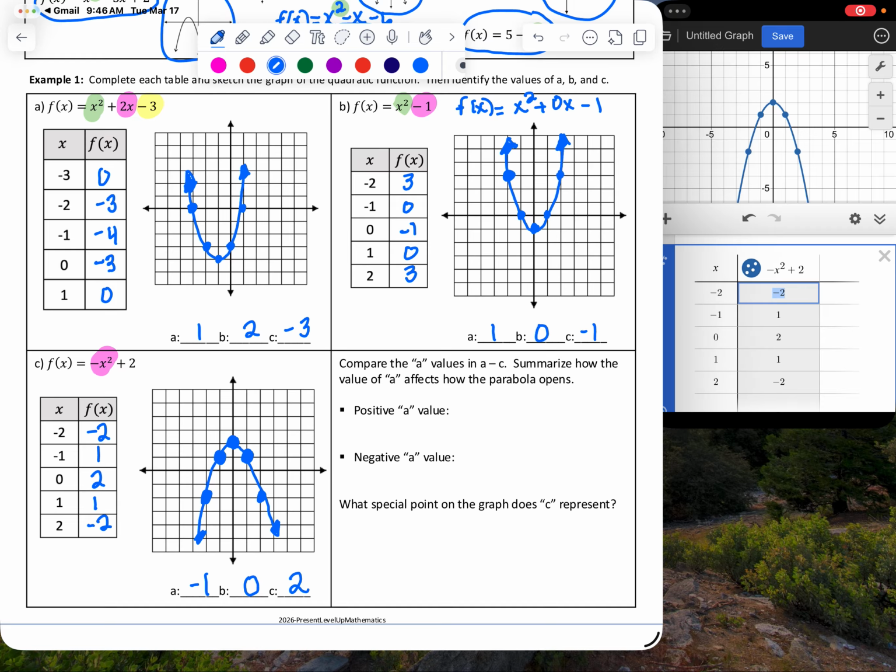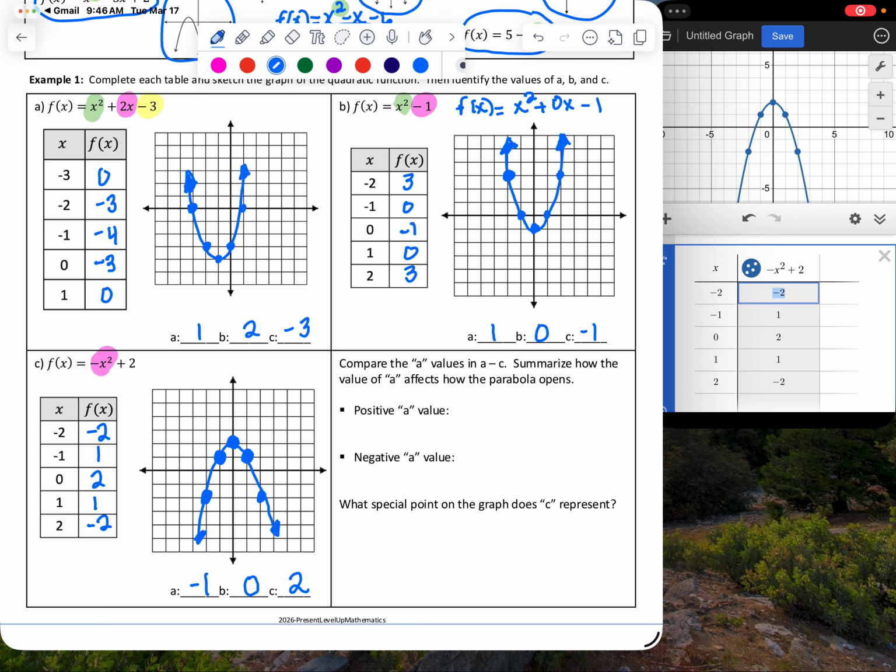All right, now in the last box, they want us to compare the a values in a through c, summarize how the value of a affects how the parabola opens. So in examples a and b, our value of a was +1. And notice that both of the graphs opened upward. But in problem C, our value of a was -1, and the graph opened down.